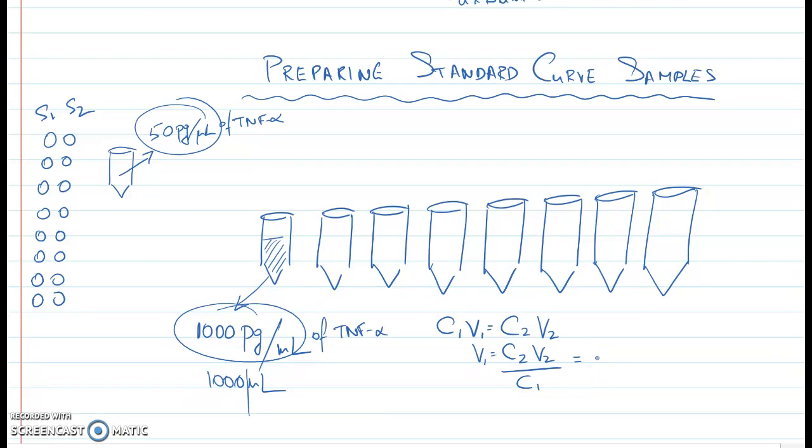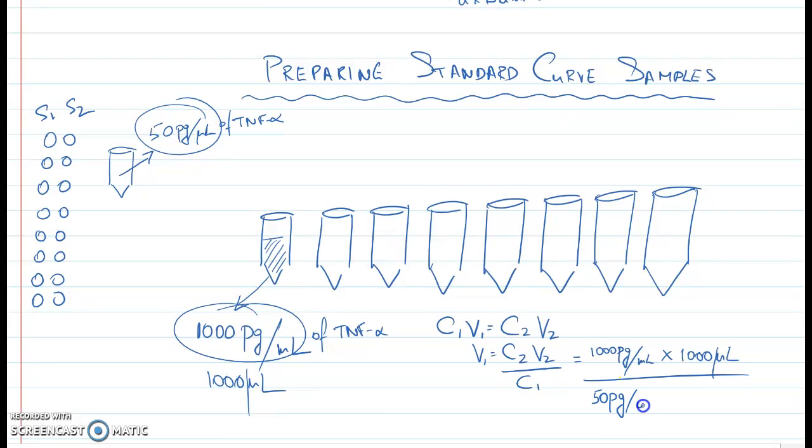What's my C2? What am I trying to prepare? 1,000 picograms per ml. What's the volume? We said 1,000 microliters. And what's my stock concentration? This one, right? The 50 picograms per microliter.